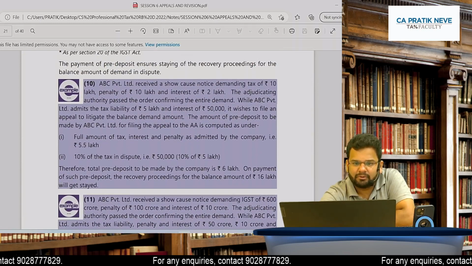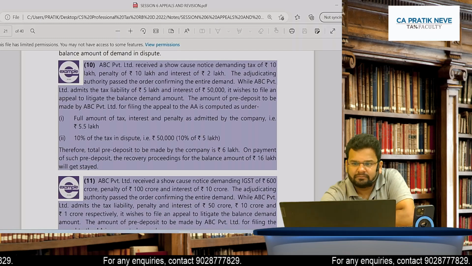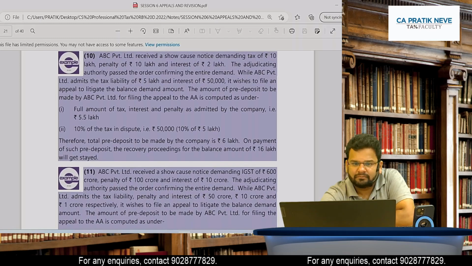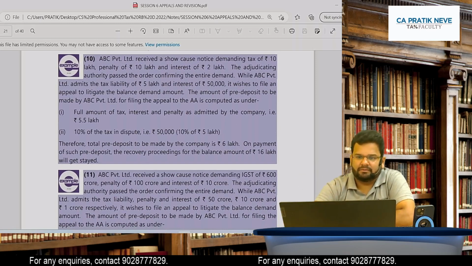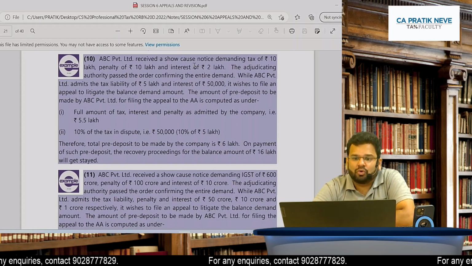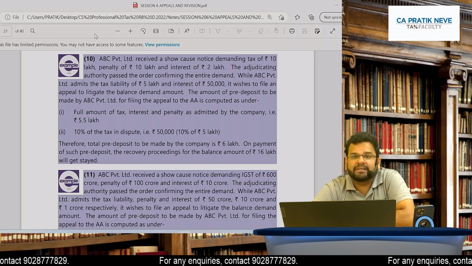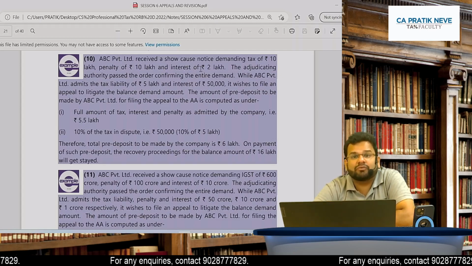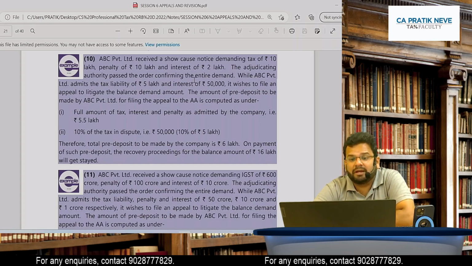See the example. ABC Private Limited received a show cause notice demanding tax of 10 lakhs, penalty of 10 lakhs and interest of 2 lakhs. The adjudicating authority passed the order confirming the entire demand.